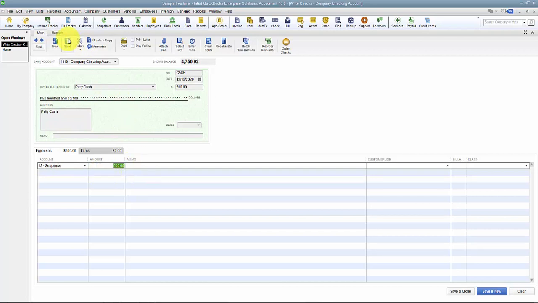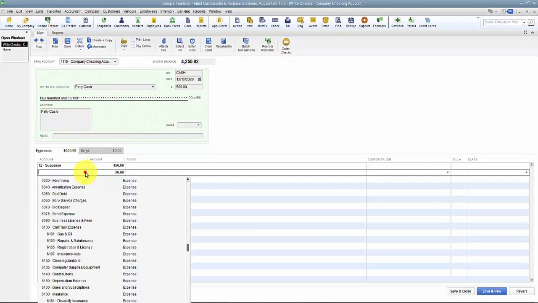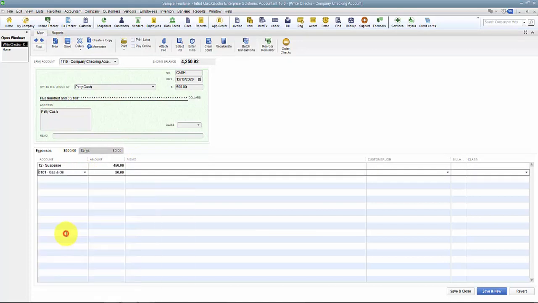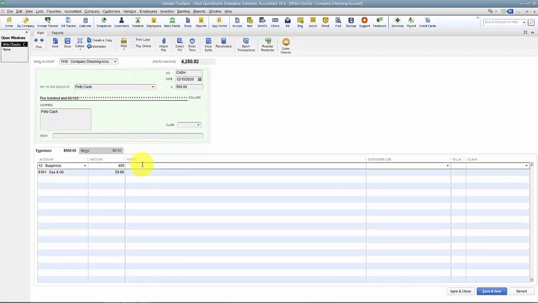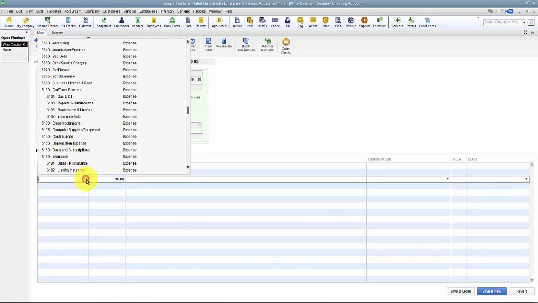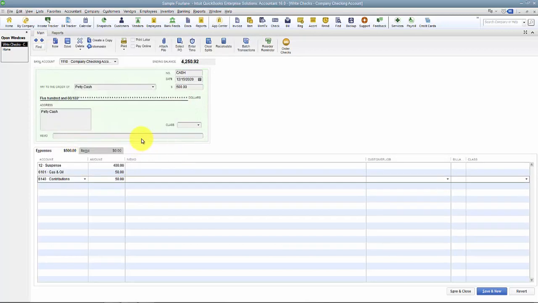Okay. So as I spend that $500, what they'll do is they'll come in here and they'll say, okay, now I only have $450 here, and I spent $50 on gas, right? And then a couple weeks later, they come in, they say, now I only have $400, and I spent that other $50 on a contribution to a local charity.